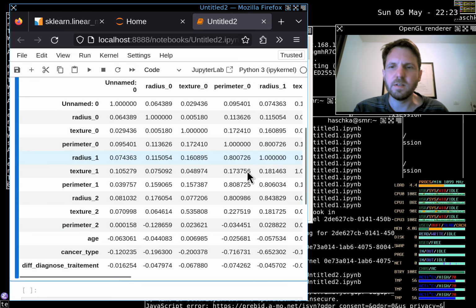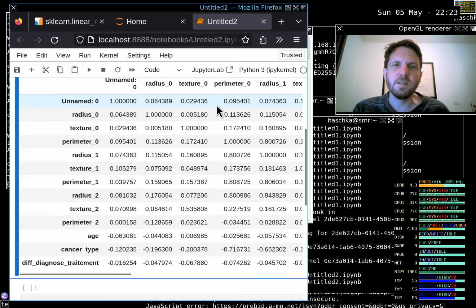So this is the exercise here. Kind of counterintuitive.